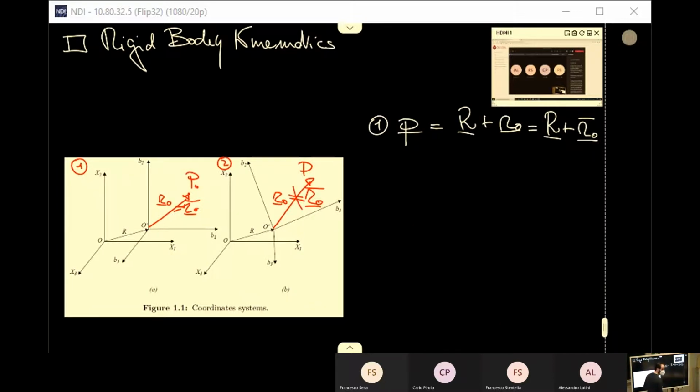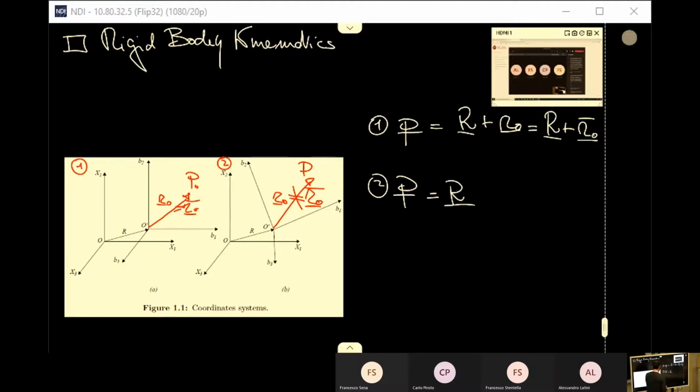So in general, when we have a rotation involved, and we do not make the assumption of having the local and the inertial frames initially parallel, we can't confuse R0 and R0 overbar.